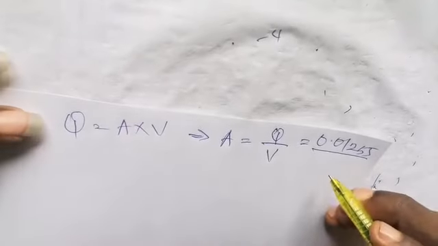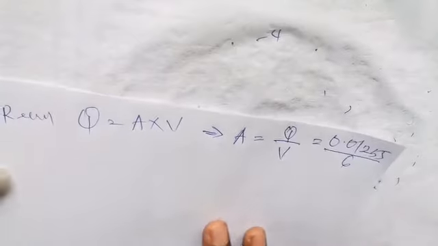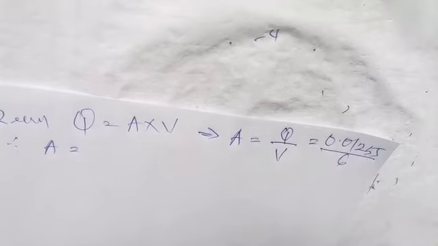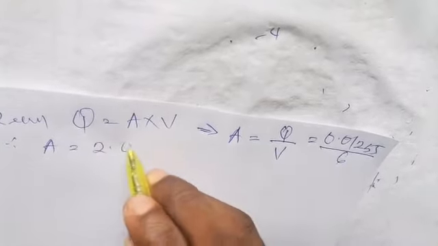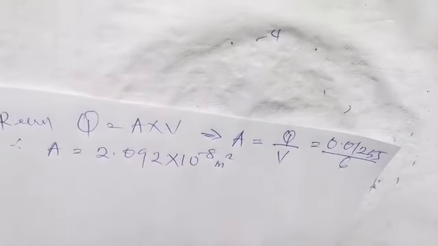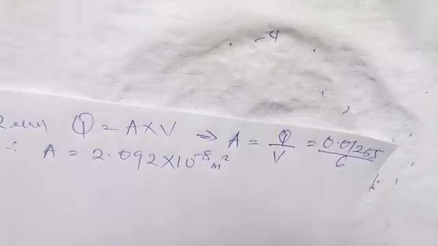So divide by 6, that gives me the area. Therefore, area A is equal to 2.092 by 10 to the power of minus 8 meter squared approximately. So it becomes our area.